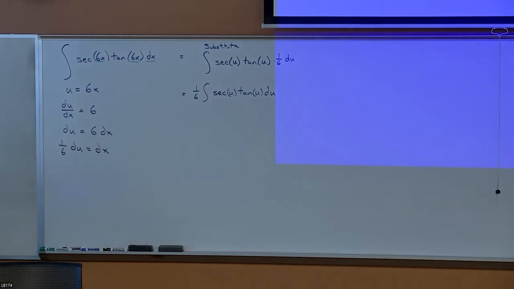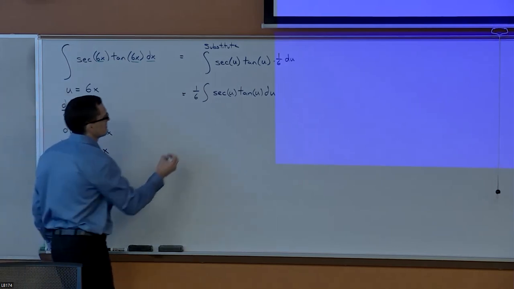Now, this is one of our trig integrations. Anybody remember what secant tangent gives you when you integrate? What's derivative is secant times tangent? Tan squared or secant squared. No, just secant to the first. Close enough. Secant to the first.